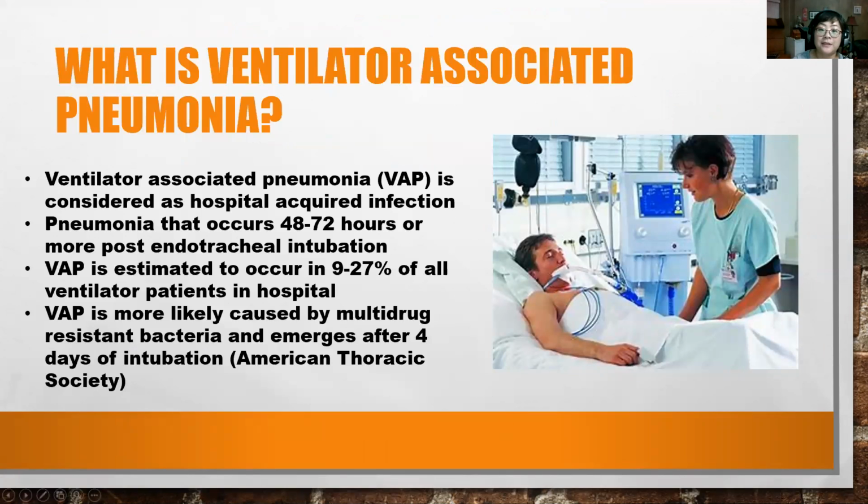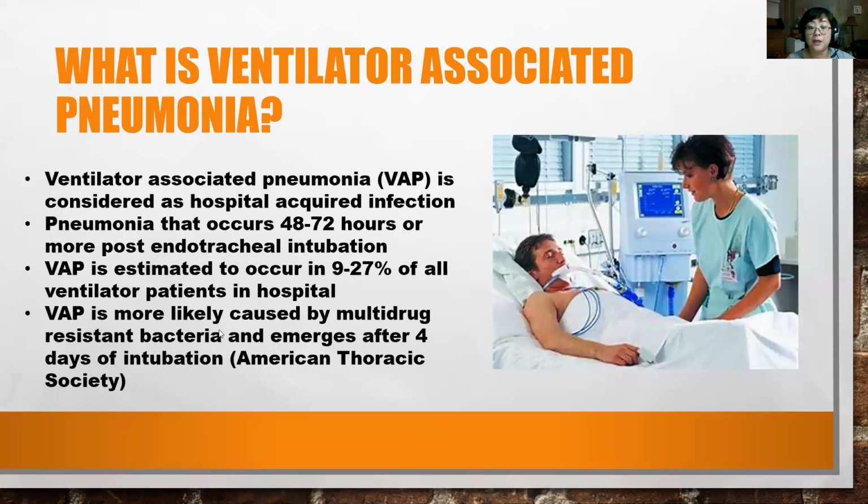What is ventilator-associated pneumonia? Ventilator-associated pneumonia, which is called VAP, is considered a hospital-acquired infection. It is pneumonia that occurs 48 to 72 hours or more post-endotracheal intubation.